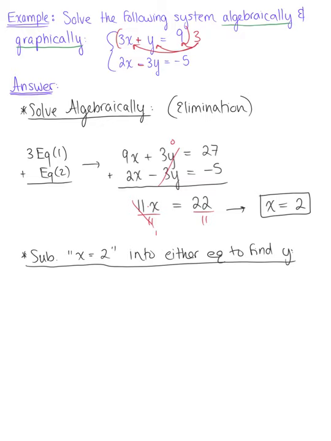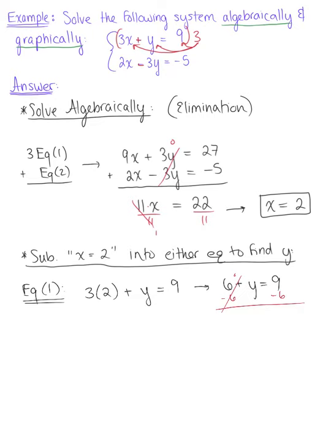Both equations work here, but I encourage you to pick the smaller one. So I'm going to plug x equals 2 into equation 1. We're going to have 3 multiplied by 2 plus y is equal to 9, which leaves us with 6 plus y equals 9. And if we subtract 6 from both sides, we see that y is going to be equal to 3.